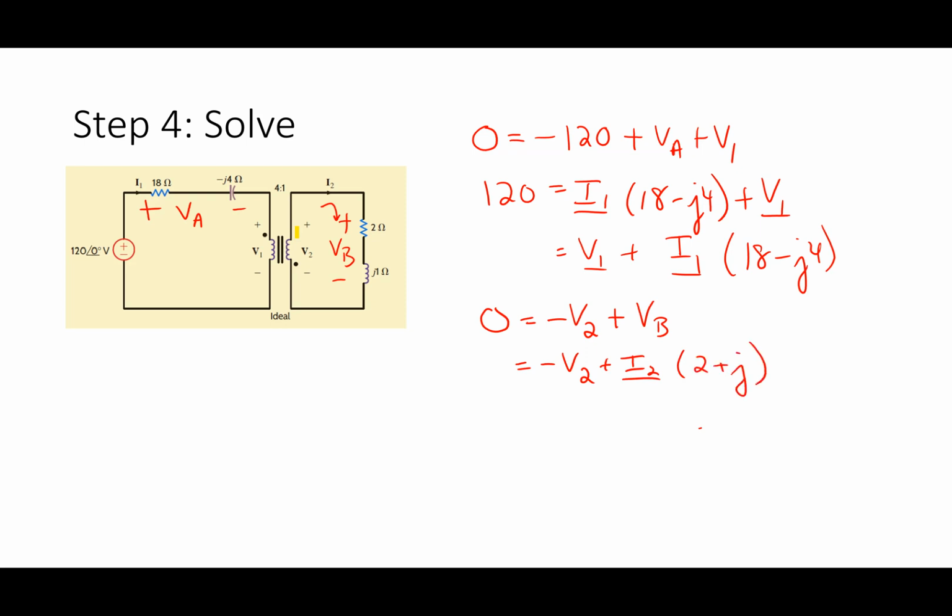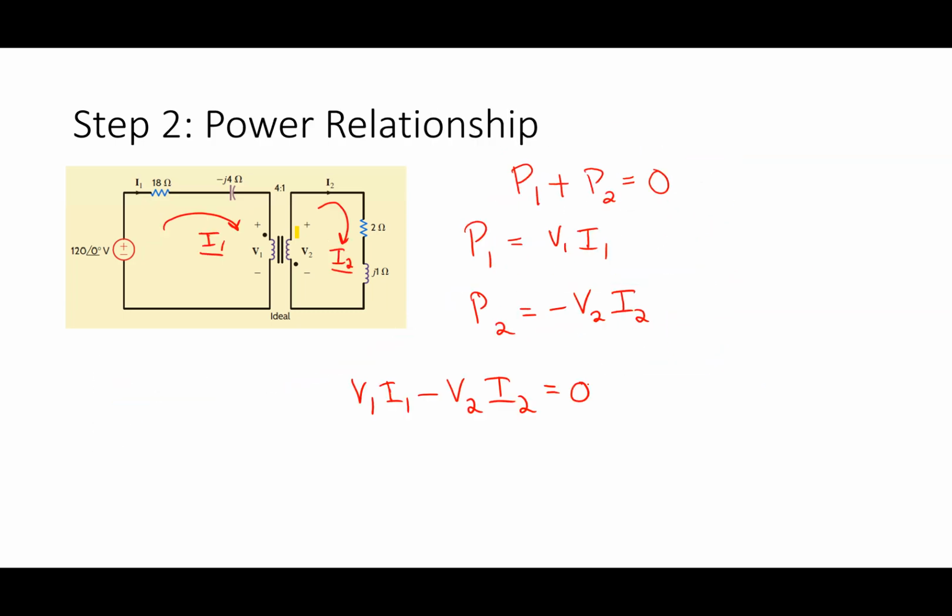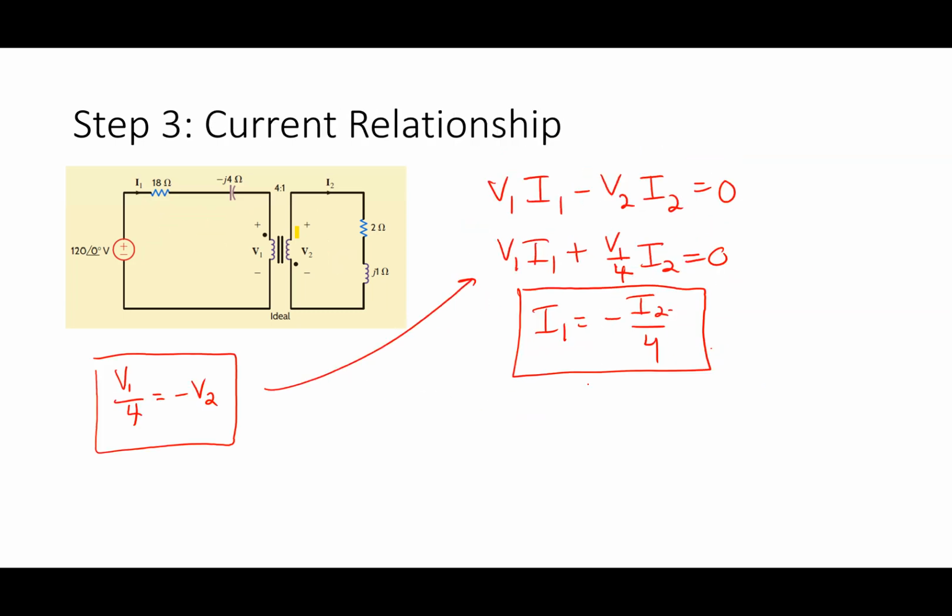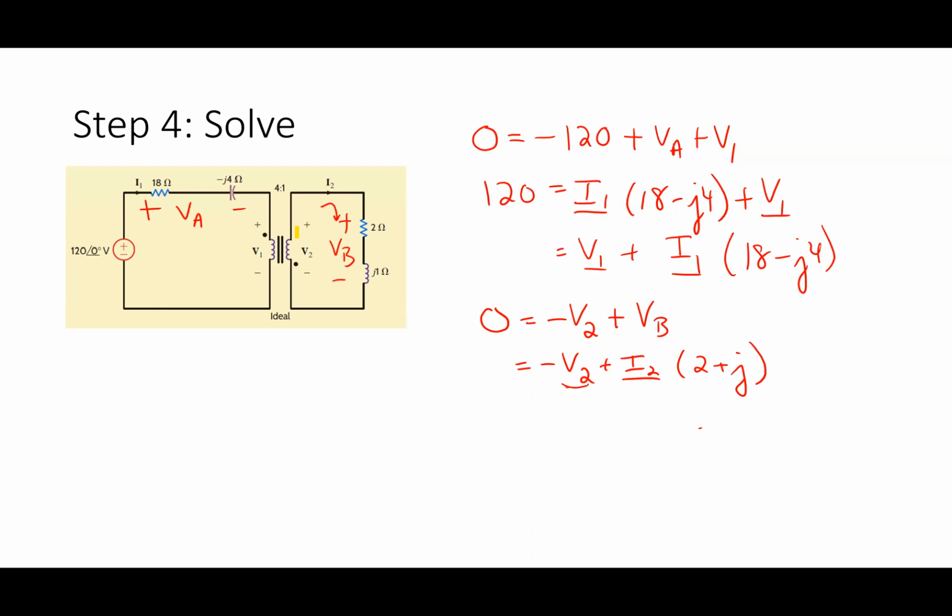What do I do at that point? I've got two equations and 4 unknowns. How do I get it back into just 2 equations? Use the relationships you found earlier. So my voltage relationship is V1 over 4 is negative V2. So this becomes V1 over 4. And then this here is plus I2.